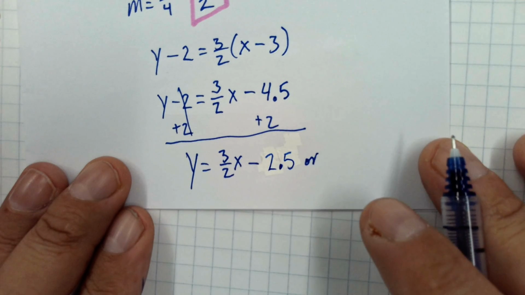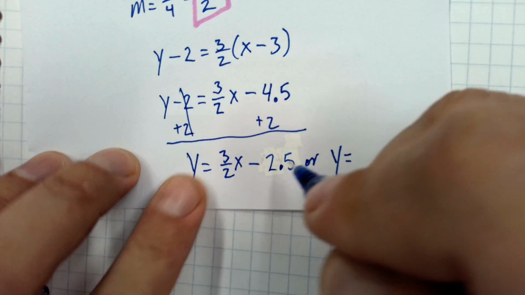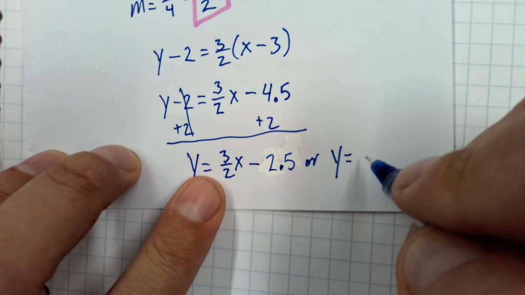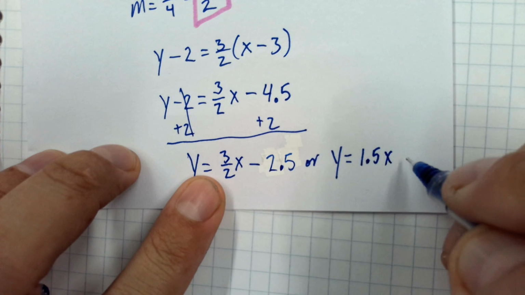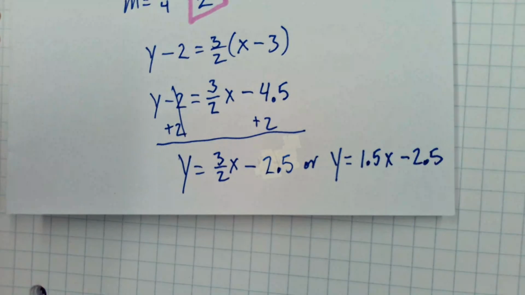So just so you know, another way to write this that's typical is changing these to fractions or decimals. So 3/2 would be 1.5. So either one is good.